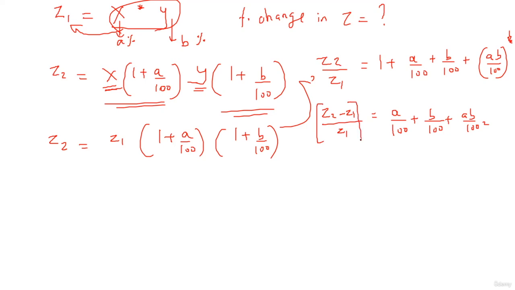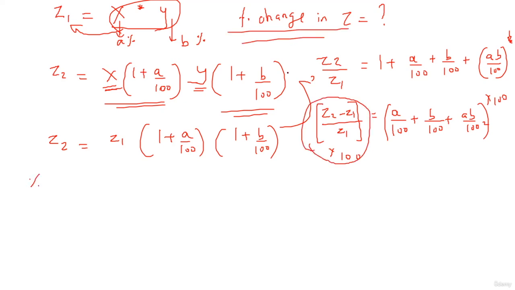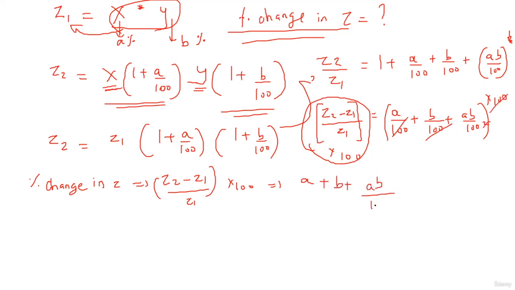Now, if I multiply both sides by 100, I will get the percentage change in z. This is exactly what I wanted to find out. So the percentage change in z, that is z2 minus z1 upon z1 into 100, is given by a, here the 100 cancels, plus b plus ab divided by 100.